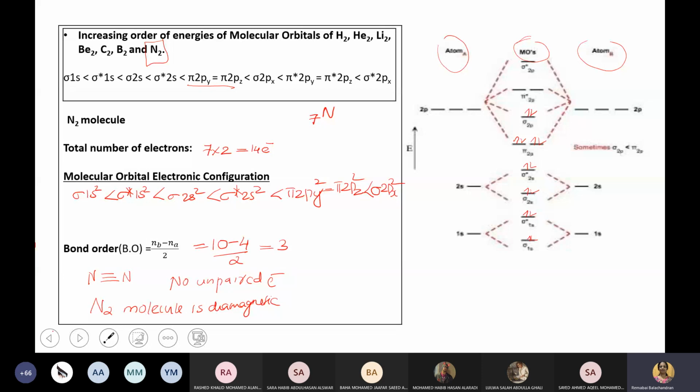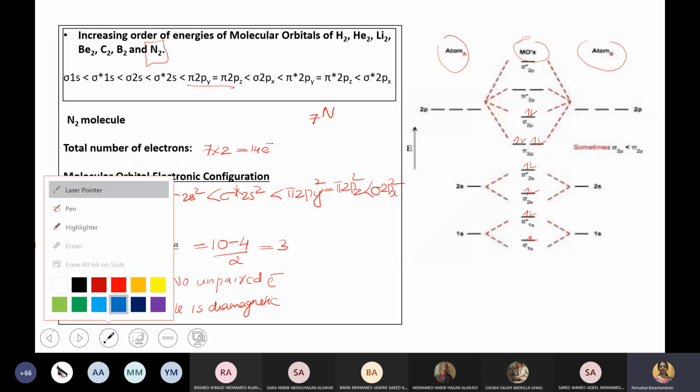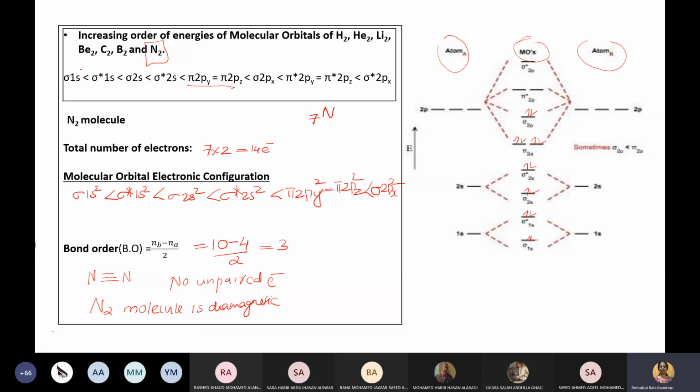Next is nitrogen. What's the atomic number of nitrogen? 7. Total, how many electrons are there? 14. So now what do you do? Tell me how to do it. 2, 4, 6, sigma 1s2. 10, 12, come on, 14.